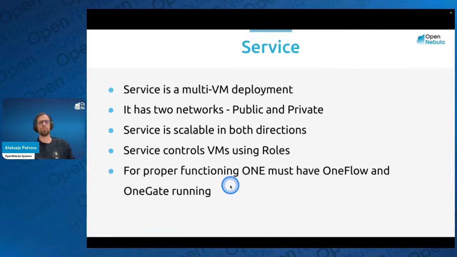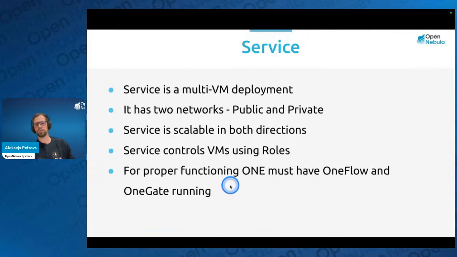If you're familiar with OpenNebula, I hope you do, then you know that basically you are running virtual machines, and then your virtual machine is configured to serve some kind of a need, and then you also can either go with a blank VM or slightly fine-tuned. Now, service is something that unites virtual machines and deploys them as the single entity. So service is the multi-VM deployment, right?